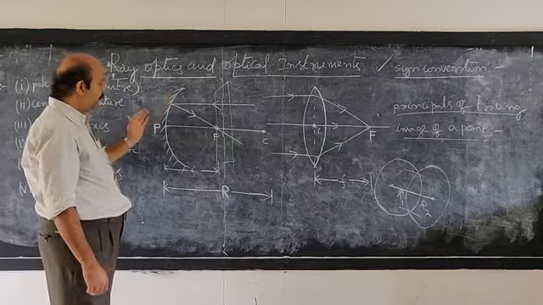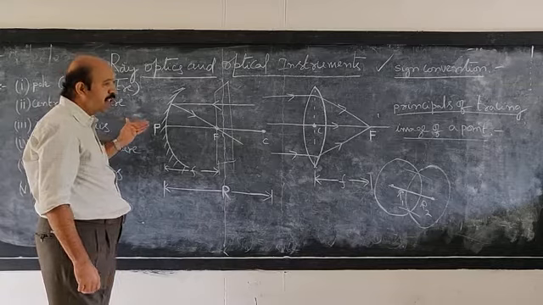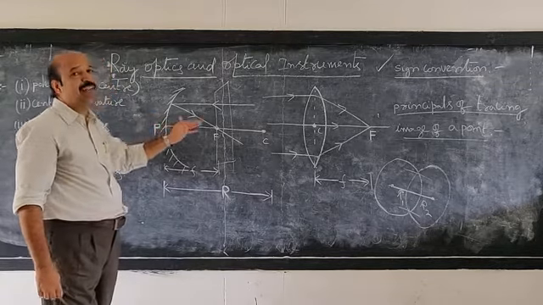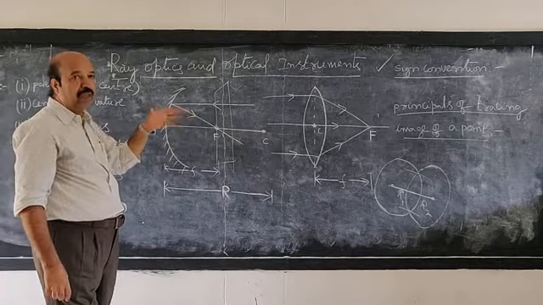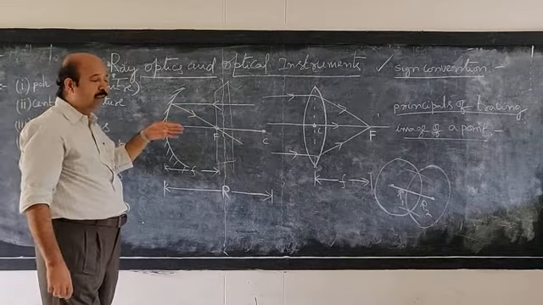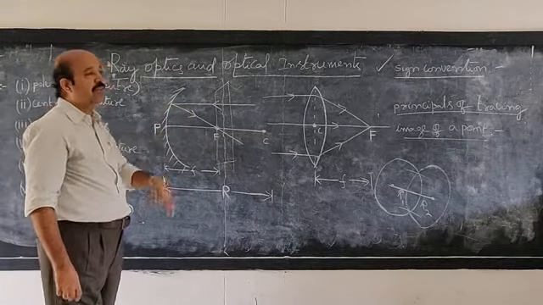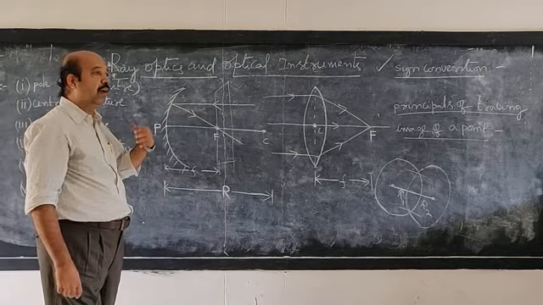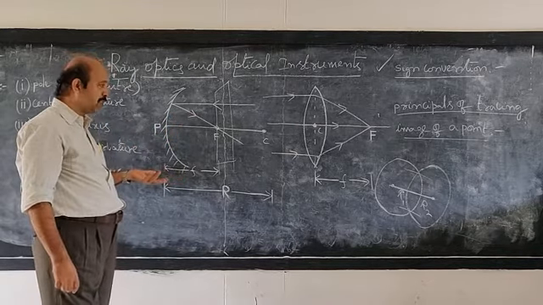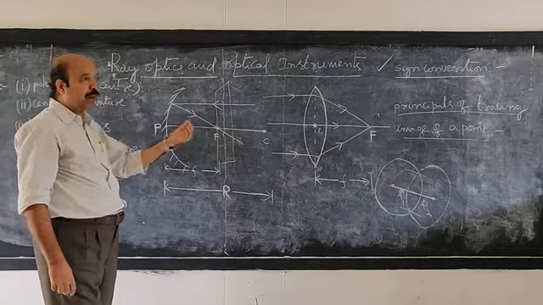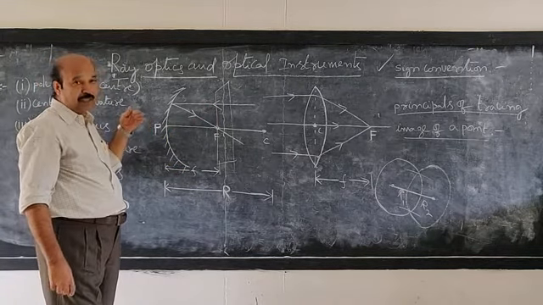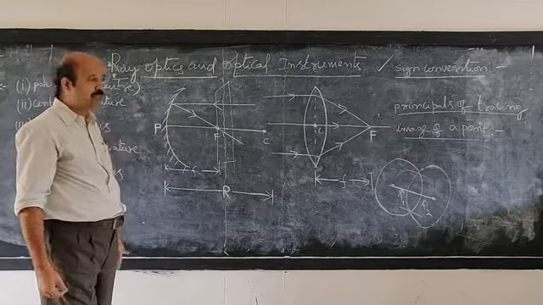The distances measured in the direction in which the actual ray travels, that is, the incident ray direction from the object, are taken as positive. Otherwise, the distances measured in a direction opposite to the actual ray direction are taken as negative.